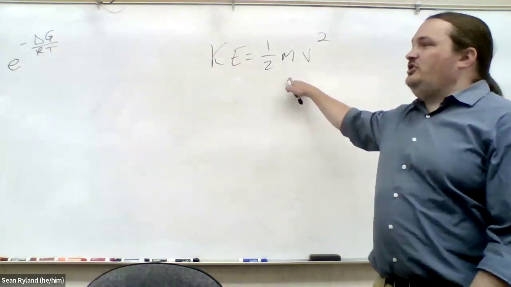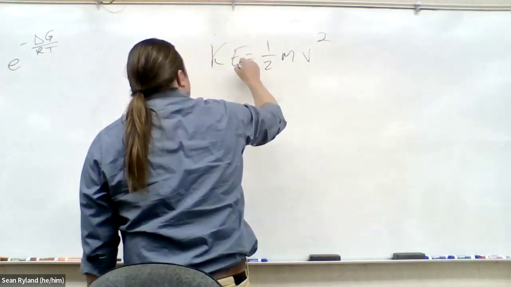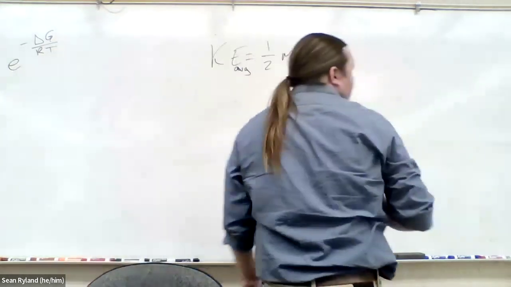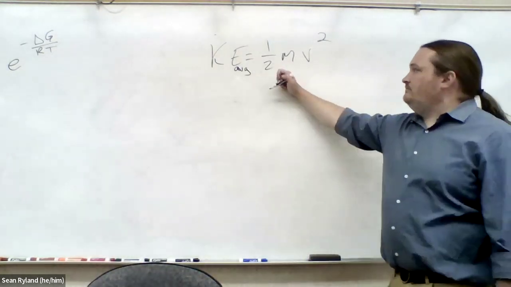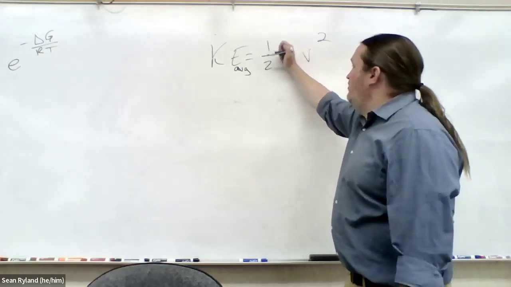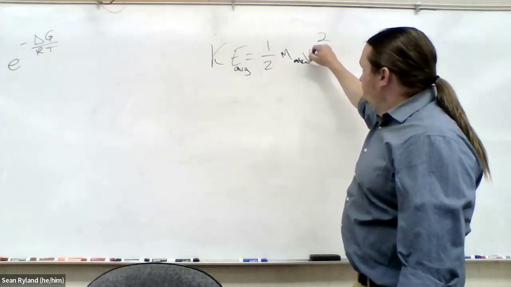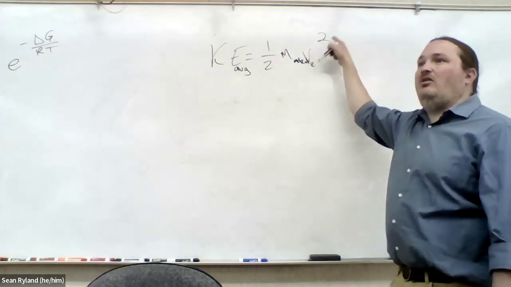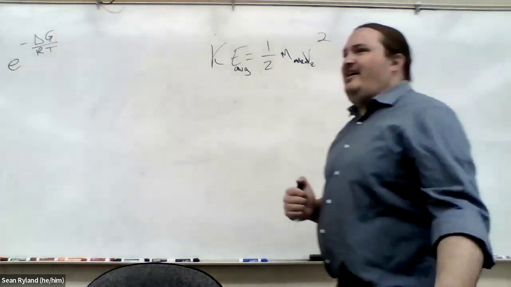I'm trying to be consistent here because there are a couple different notations you can use. The average kinetic energy of a molecule is going to be equal to 1/2 the mass of that molecule times the velocity of that molecule squared. So at the same temperature, how can we figure out what gas is going to be moving faster?